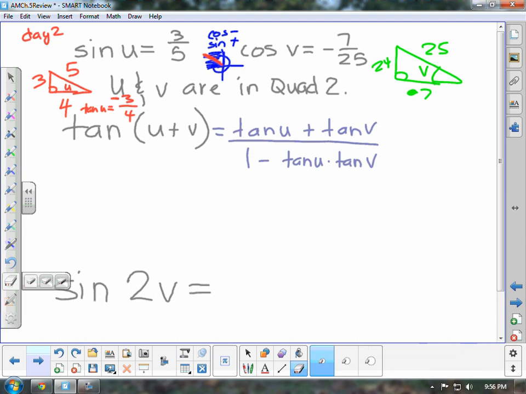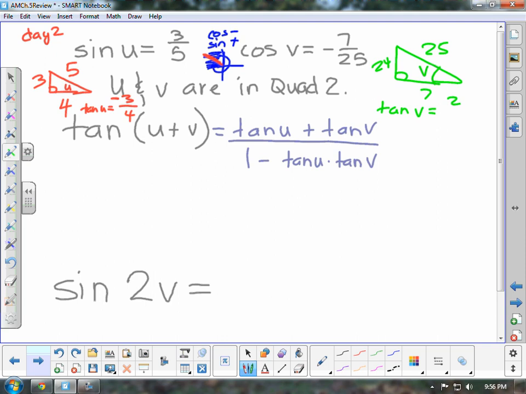And so then the tangent of v is going to be 24 over 7. And it's also negative because we're still in quadrant 2. And so now applying these values, you would have a negative 3/4 plus a negative 24 over 7 divided by 1 minus a negative 3/4 times a negative 24 over 7.